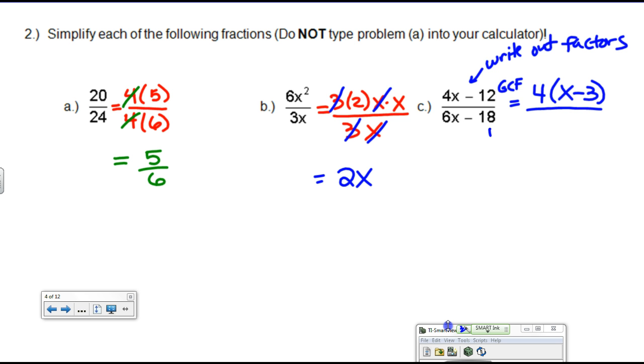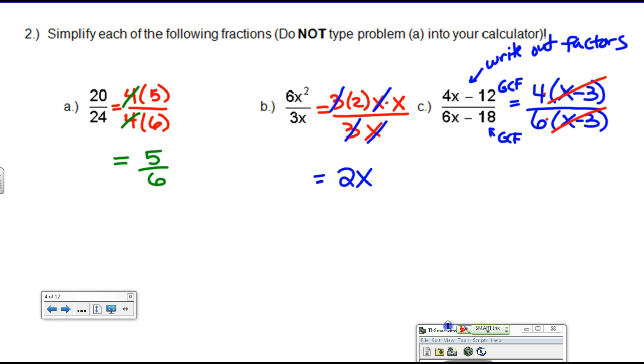The denominator also is a GCF type. There's a 6 in common. So 4 and x minus 3 are factors of the numerator. 6 and x minus 3 are factors of the denominator. Both the numerator and the denominator share an x minus 3 factor. So this whole factor and this whole factor can reduce.